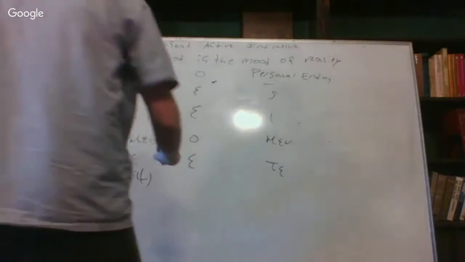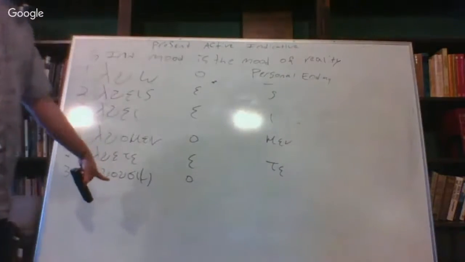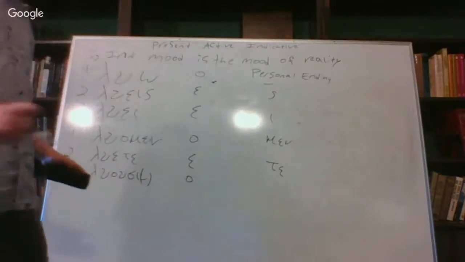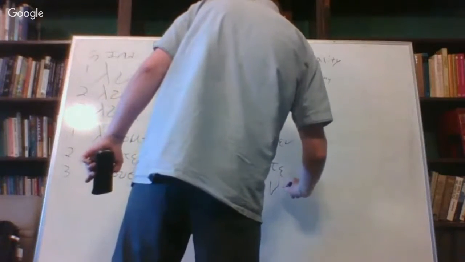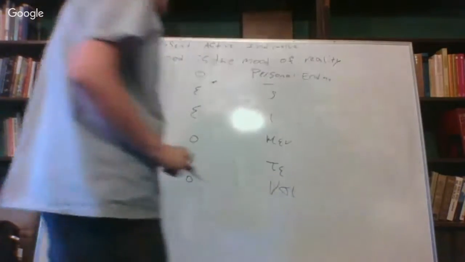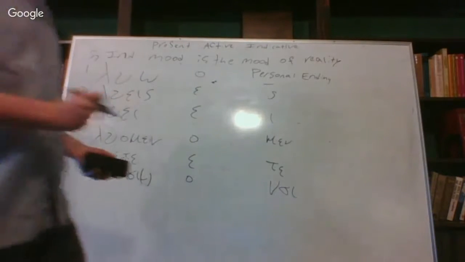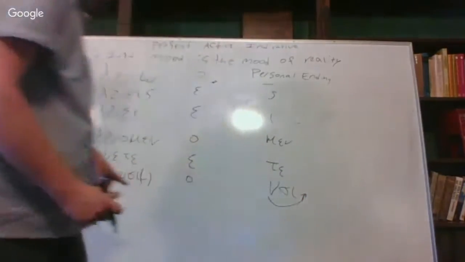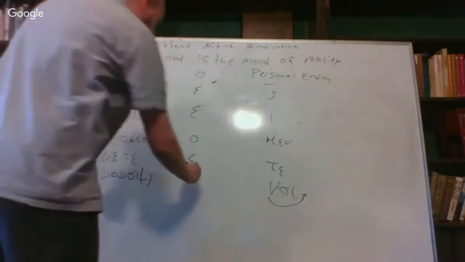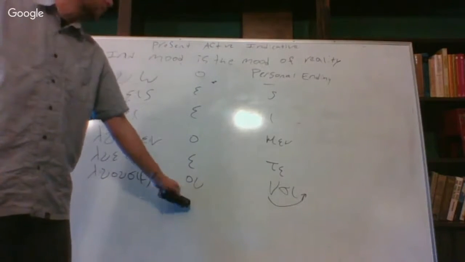Technically, the connecting vowel is omicron, and the personal ending is actually nu sigma iota. Again, there's morphology happening here where the nu comes to the end, and then this also lengthens. But this is not the connecting vowel omicron-upsilon.